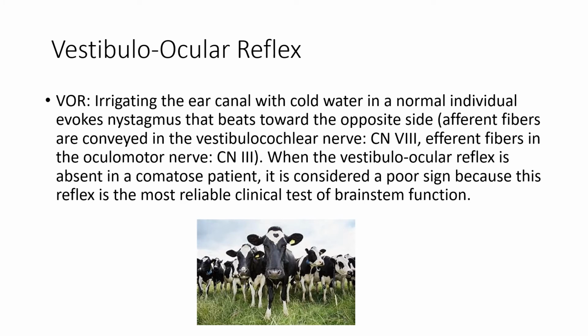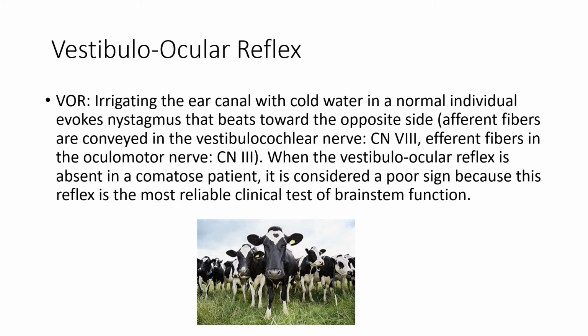Right? Afferent fibers are conveyed in the vestibular cochlear nerve, and efferent fibers in the ocular motor nerve. So when vestibular ocular reflex is absent in a comatose patient, it's considered a poor sign because this reflex is the most reliable clinical test for brainstem function.